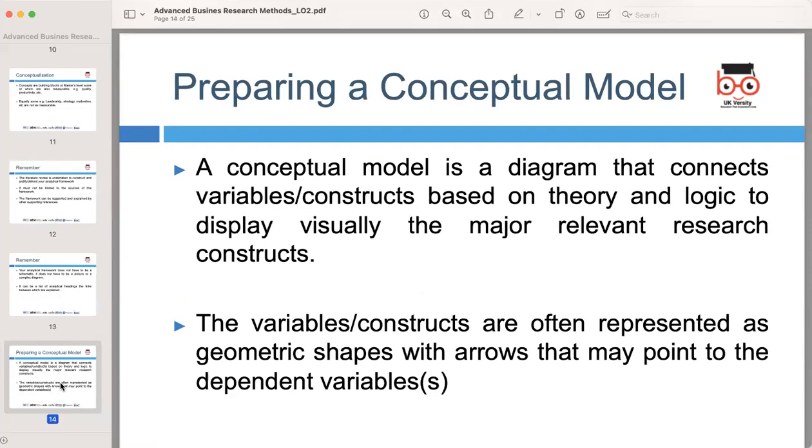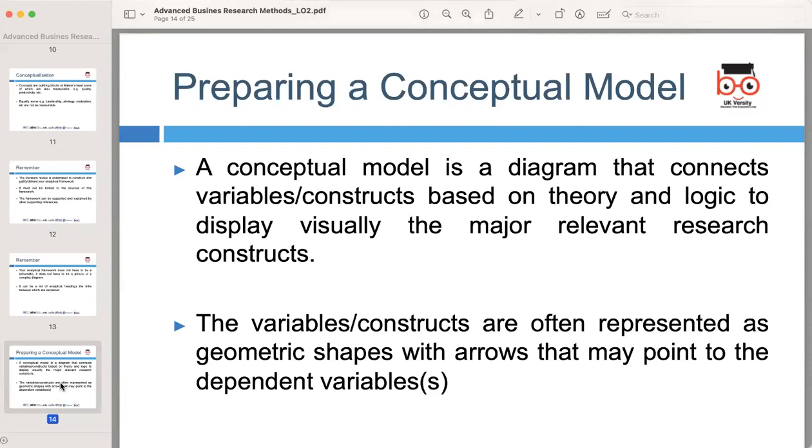Preparing a conceptual model. A conceptual model is a diagram that connects variables or constructs based on theory and logic to display visually the major relevant research constructs. The variable constructs are often represented as geometric shapes with arrows that may point to the dependent variables.